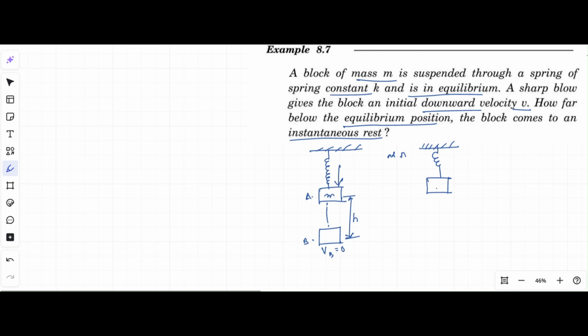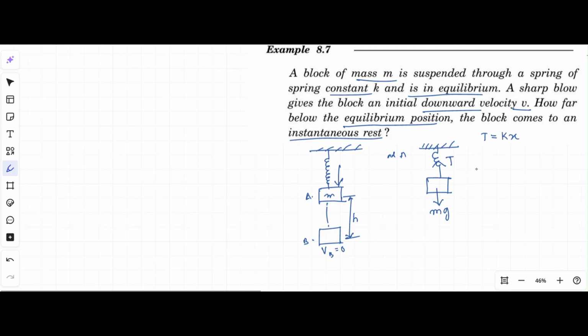At A, gravity is acting and tension force is acting upwards. But here, this tension is not some common thing. This tension is the spring force. So this tension is equal to Kx, which is equal to mg, because it is in equilibrium position.